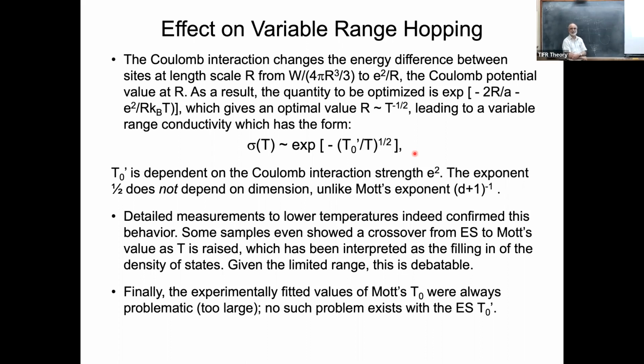It was not what you would expect. It was orders of magnitude larger, mostly because it's raised to the power 1/4. So just to get a factor 2 in the exponential, you need a T naught 2 to the 4 times larger, which is more than an order of magnitude. That's one of the problems that was always there in Mott's.